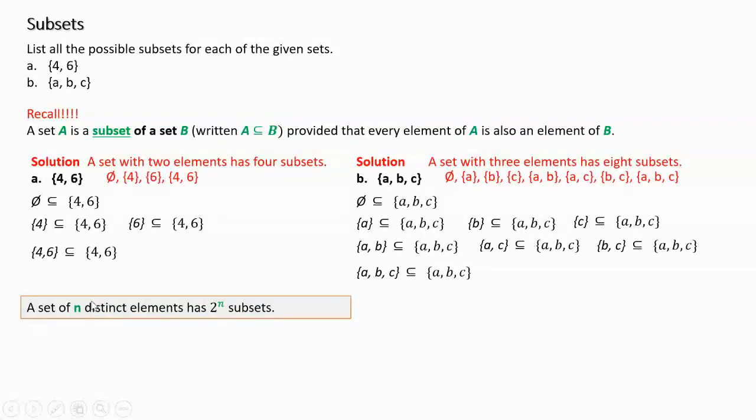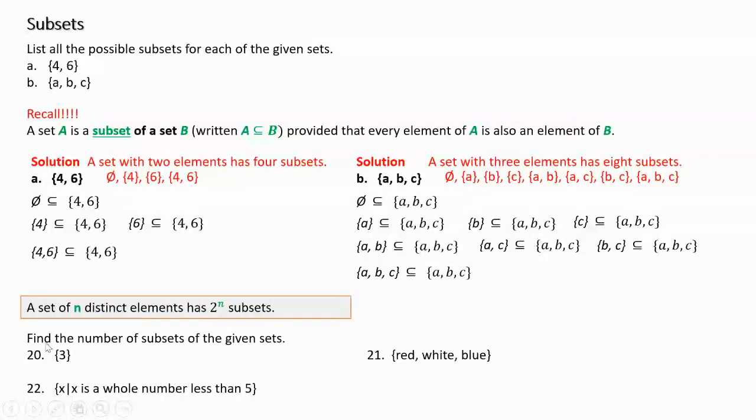If they ask you how many subsets are in a certain set, this is going to be 2 to the nth power. For example, for A, there were 2 elements, so it'll be 2 squared. That's why it's 4. For B, there were 3 elements, so n is 3, so it'll be 2 to the 3rd power. That's why it's 8. That's how this definition is explained.